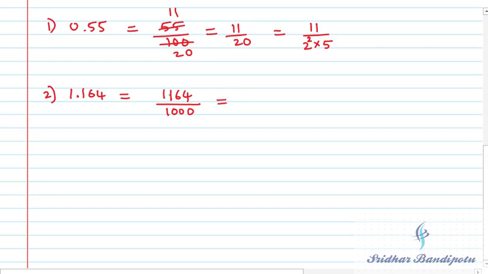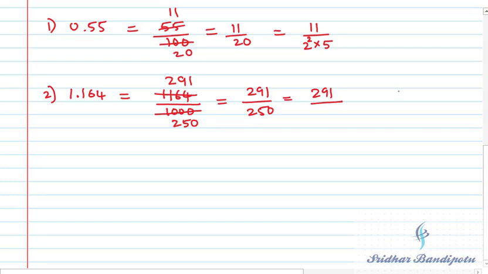Now we can cancel in the 4 table: 4 times 250 is 1000, and in the numerator 4 times 291 is 1164. So the numerator is 291 and the denominator is 250. Now I want to take the prime factorization of 250.